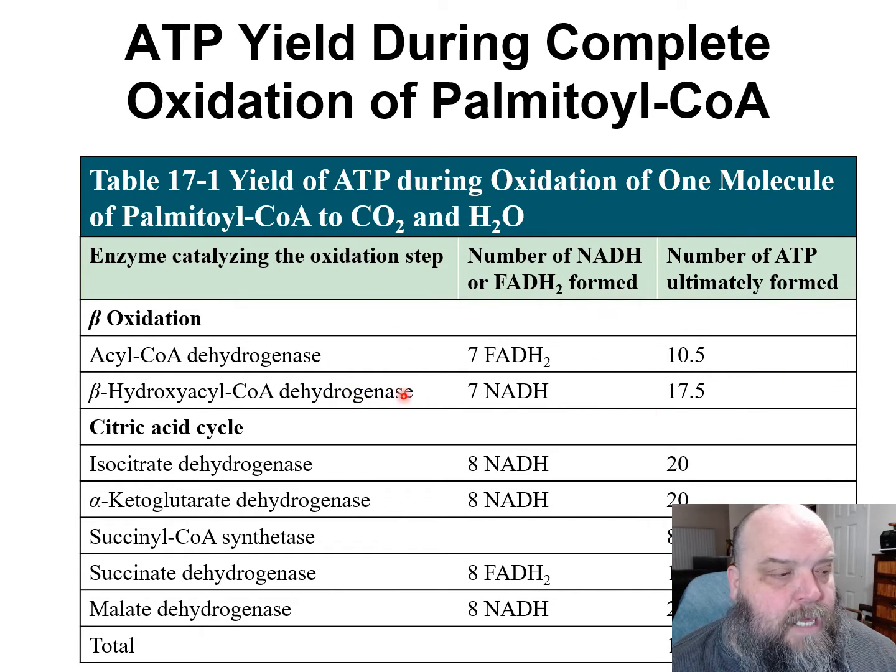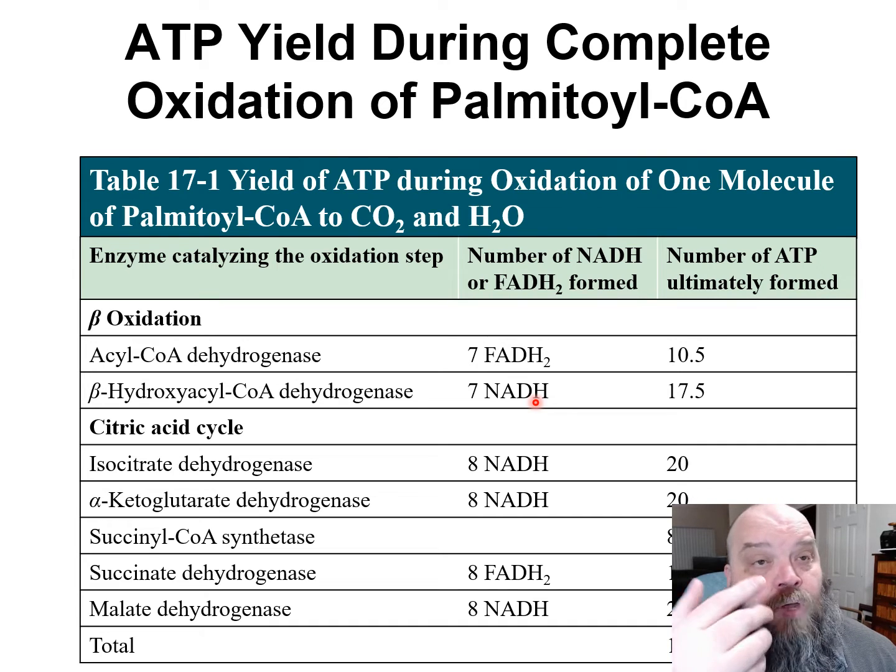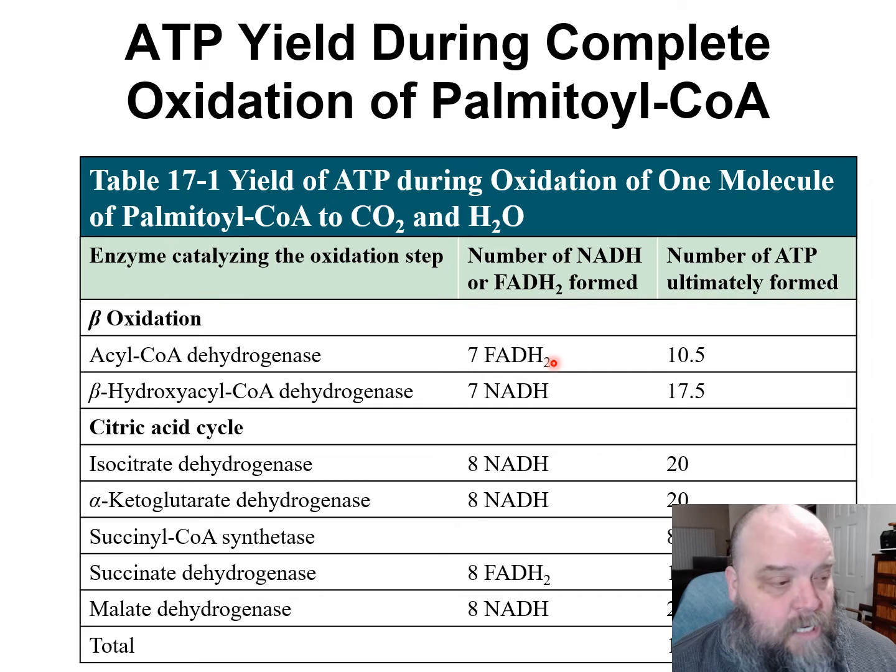Just know that FADH2s are going to contribute less energy from their electrons than NADHs, and that's only because FADH2 enters the electron transport chain at the midpoint, where NADH enters and gives its electrons up at the beginning of the transport chain.